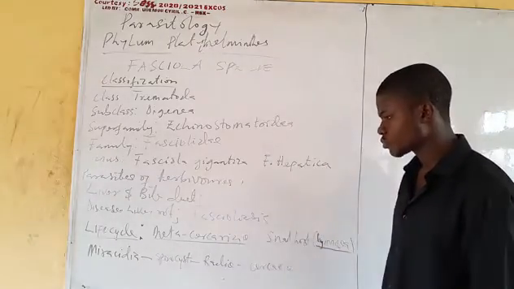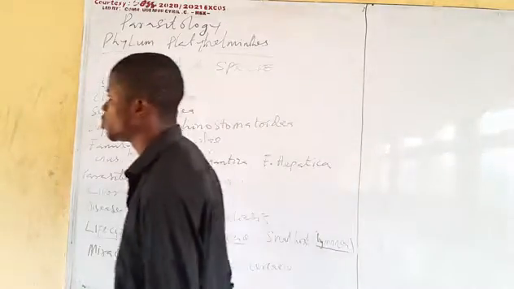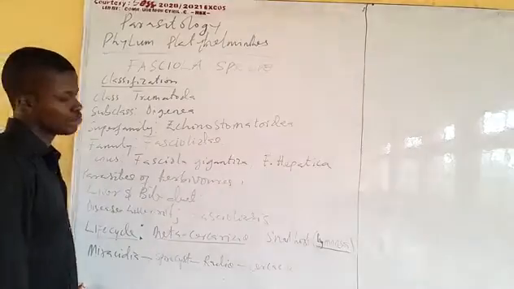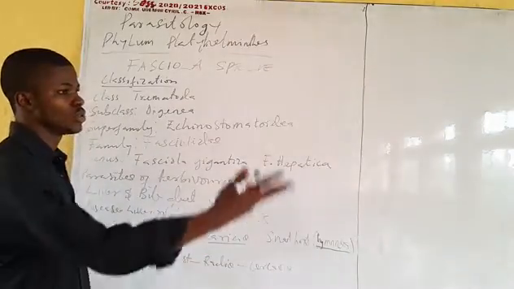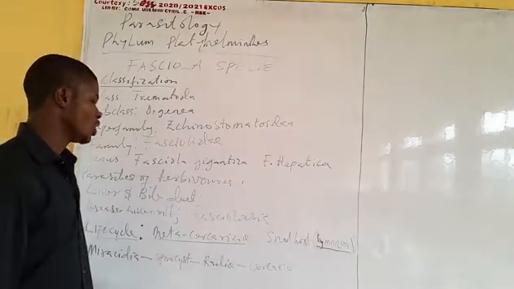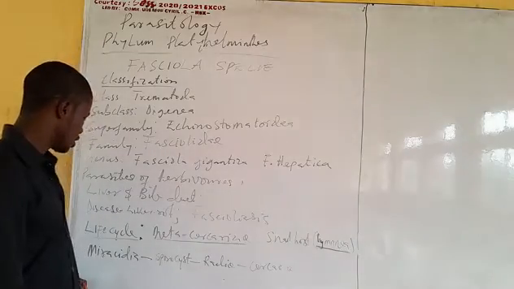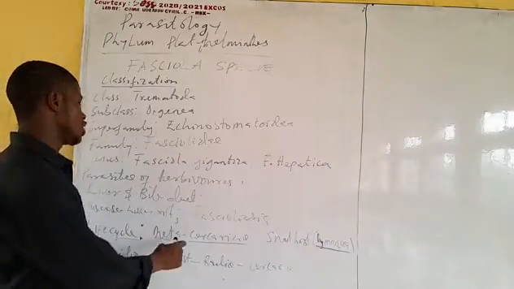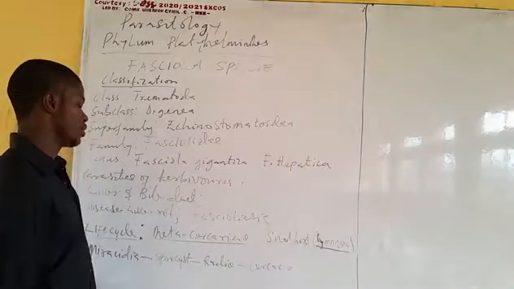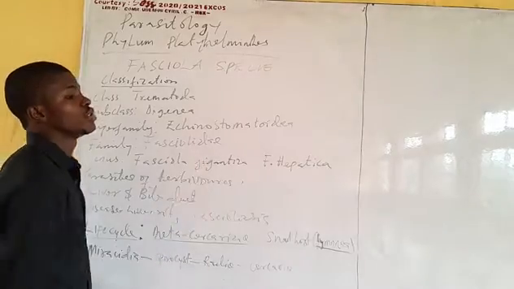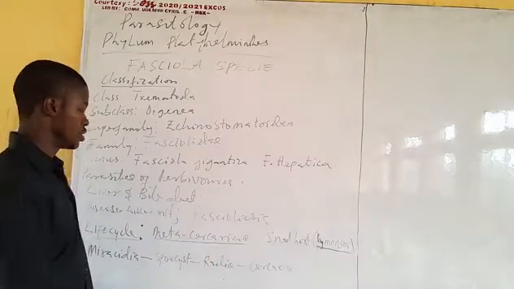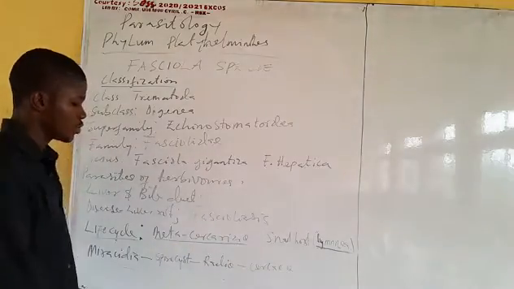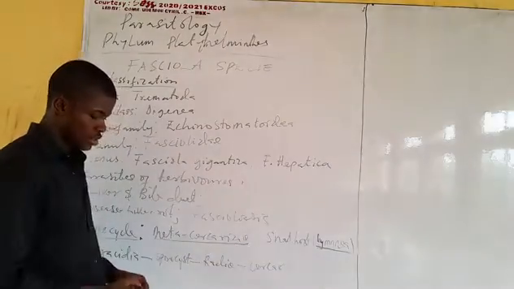When these sheep and cattle feed on grasses and vegetation, they come in contact with this metacercaria, which is the infective stage.